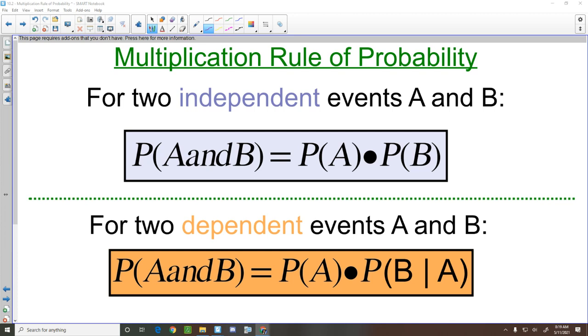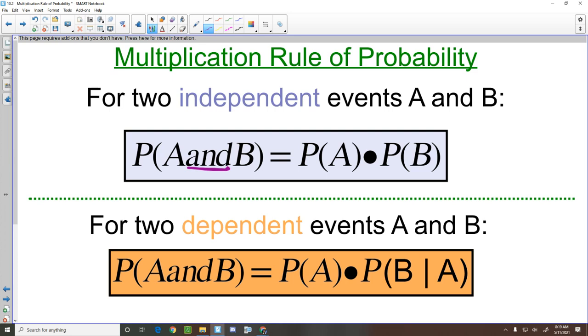You'll also notice a slight change in the wording of the probability of these two events, whereas that addition rule had the word or in between them, for these events, the word and is there.